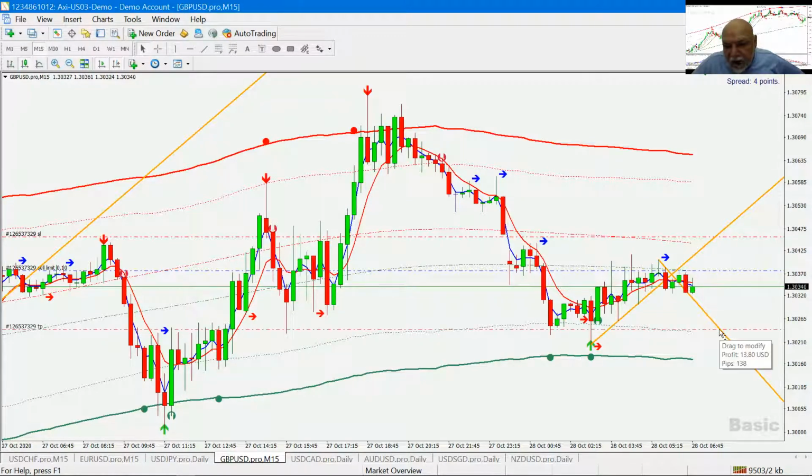Okay. And so there's my 14 pip. A little better than a 1-to-1, close to a 2-to-1. That's the setup.